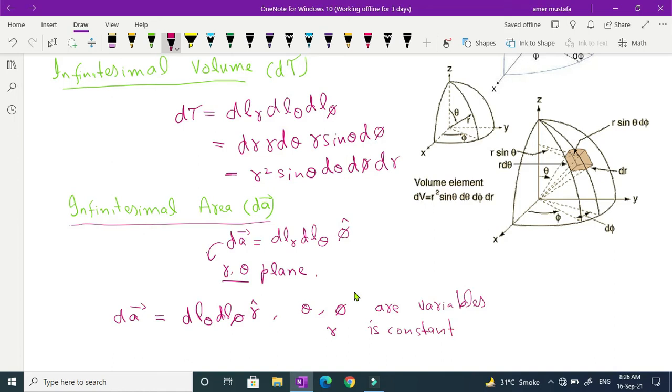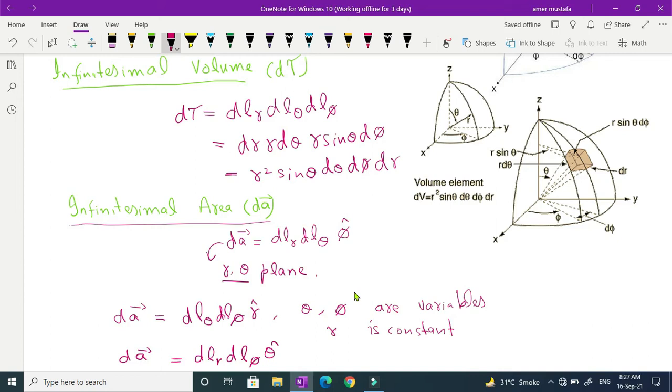In the other case, if the infinitesimal area lies in the phi r plane, in that case the infinitesimal area is the product of dl r into dl phi, and the direction of the area will be along theta cap.